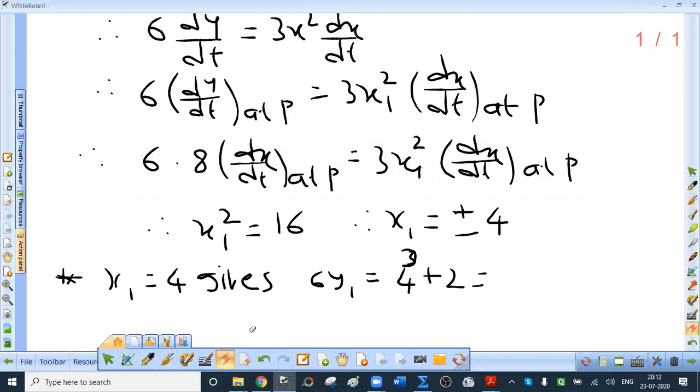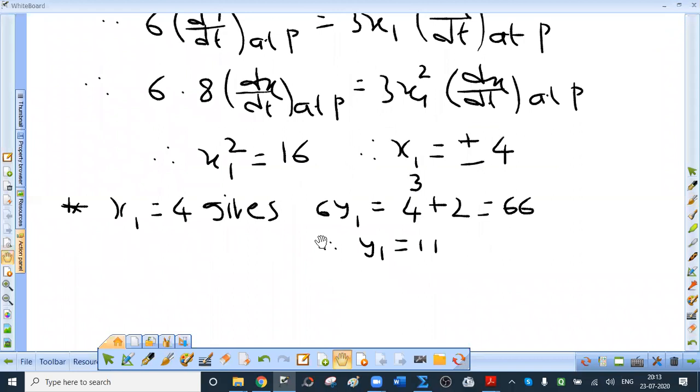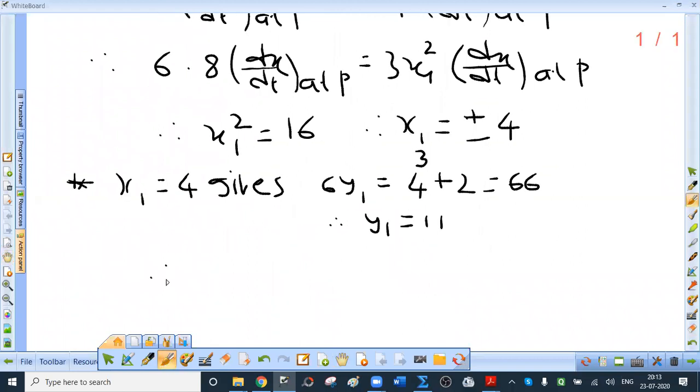Tell me what is 4 cube plus 2? It is nothing but 66. Therefore, y1 is 11. Therefore, point is 4, 11. Okay.